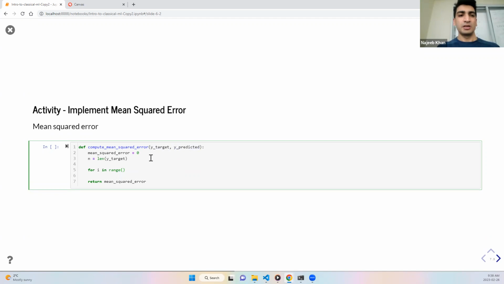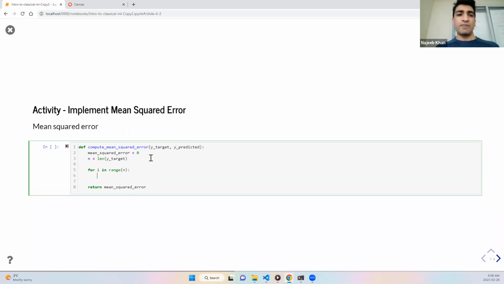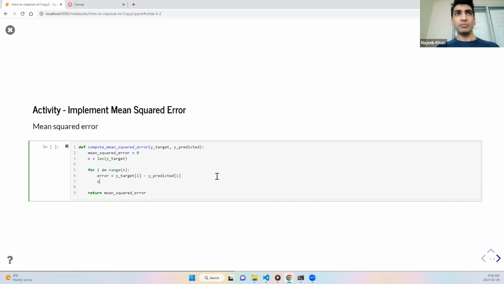what we need to do is find the error. The error would be y target of i minus y predicted. That's the error, but we said we would be looking into the squared error. So the squared error would be error squared, and then we need to compute the mean squared error.